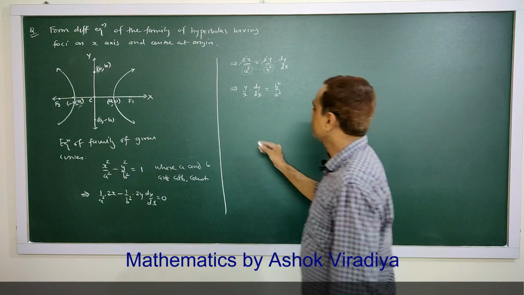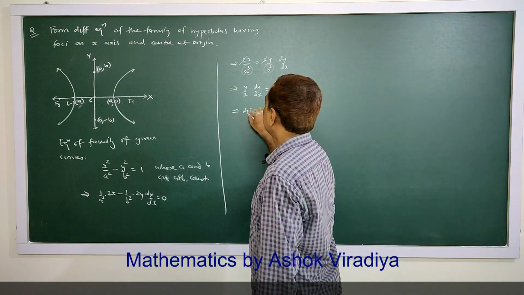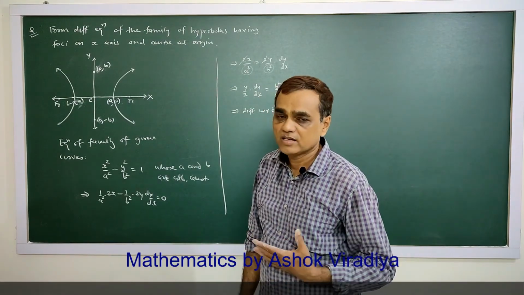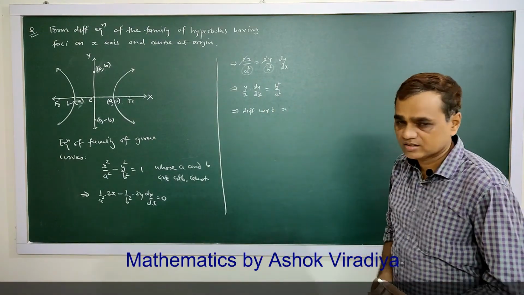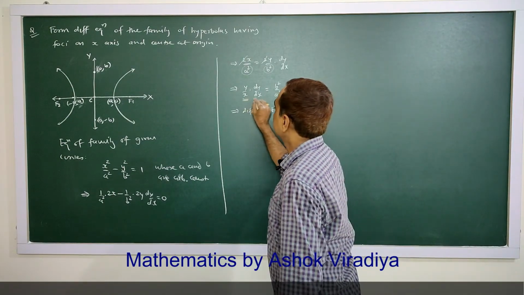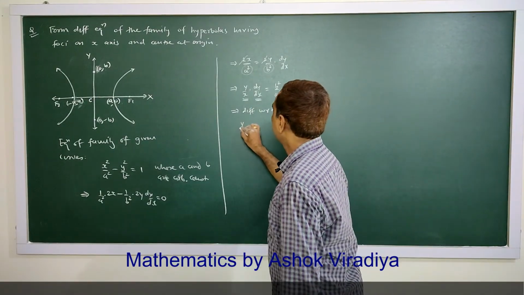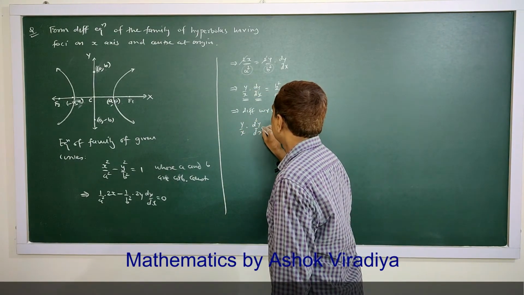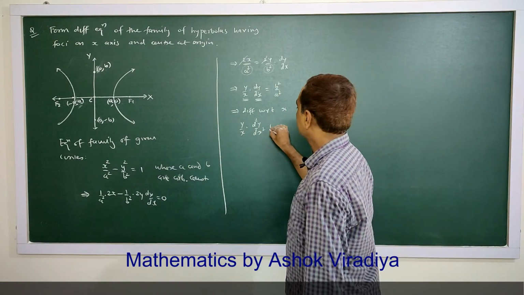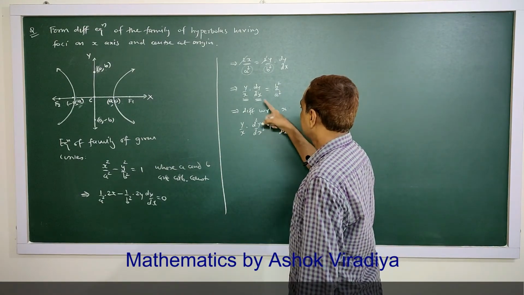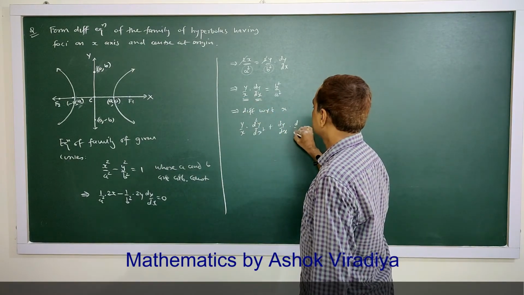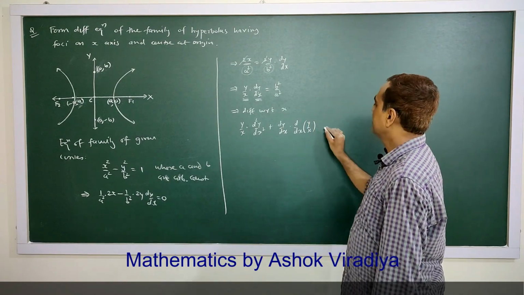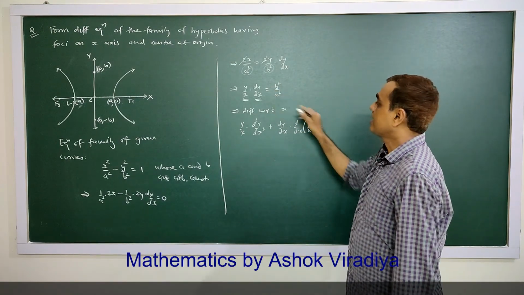And now differentiating once again with respect to x. We already did this procedure in the previous question. So considering this as u, this as v: u as it is, derivative of v is d square y by dx square, plus dy by dx as it is, its derivative is d by dx of y by x, equal to the derivative of RHS, which is 0.